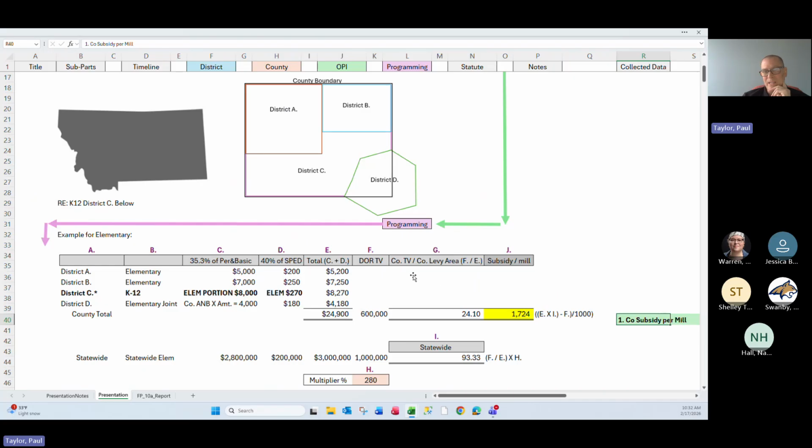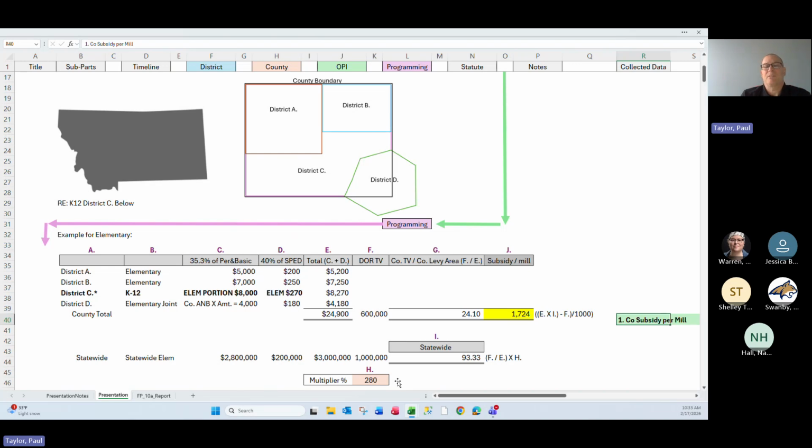So GTB is a guaranteed tax-base aid. It's a payment that's intended to equalize funding for areas of the state that have lower taxable wealth and lower population. I know that's a little bit off the topic, but it's a fun thing to think about. But now let's talk about this ratio and what we do with it. So that's G. Let's go to H.